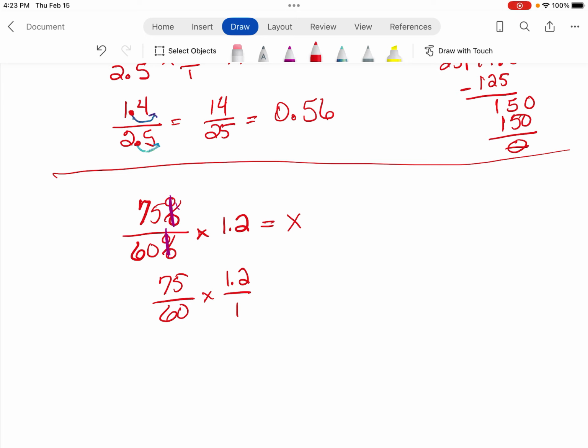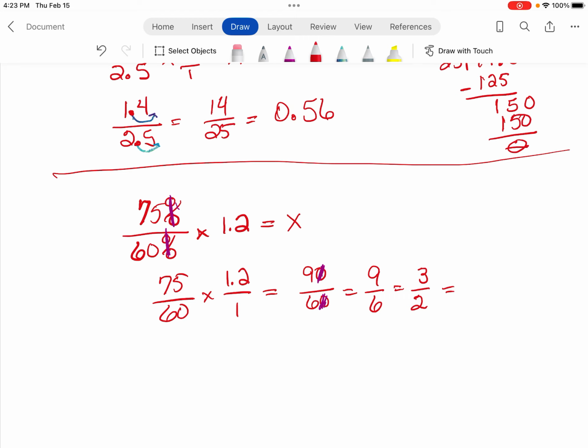I'm going to multiply 75 times 1.2, and I get 90. 60 times 1 is 60. And then when I have a 0 on top and a 0 on bottom, they cancel. It's like dividing both top and bottom by 10. That leaves me with 9 over 6. To reduce that, I know 3 goes into both of them. 3 goes into 9 3 times, 3 goes into 6 2 times, and I'm left with 3/2.